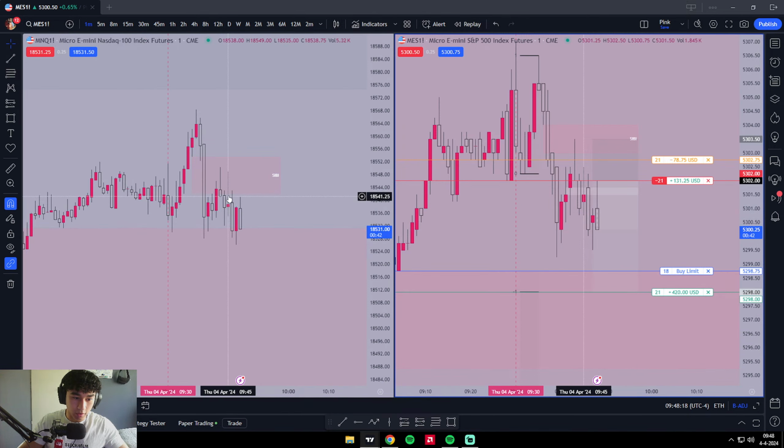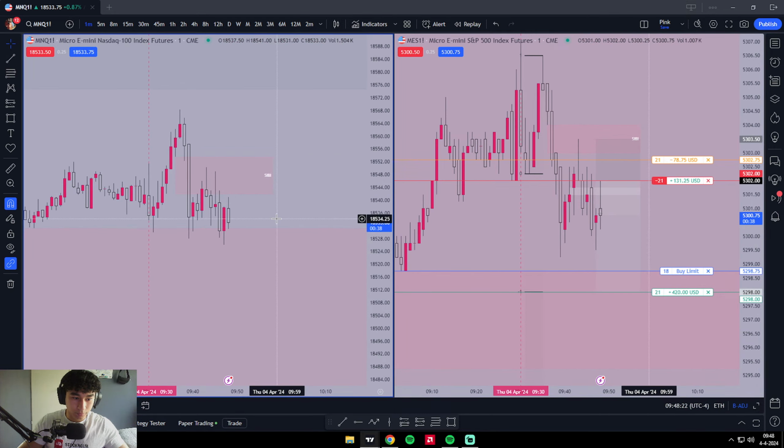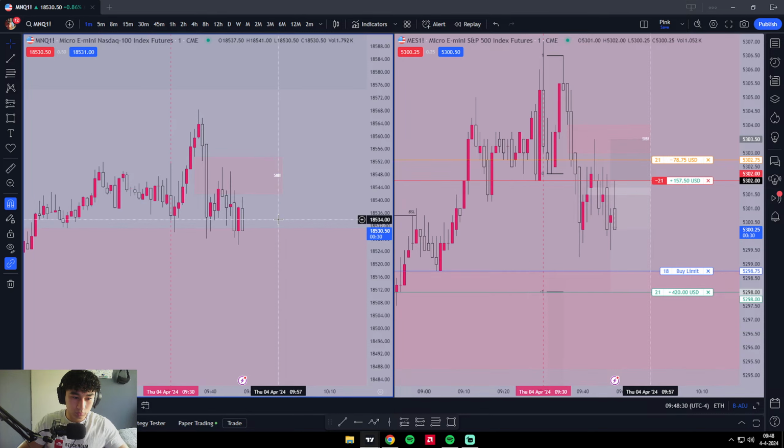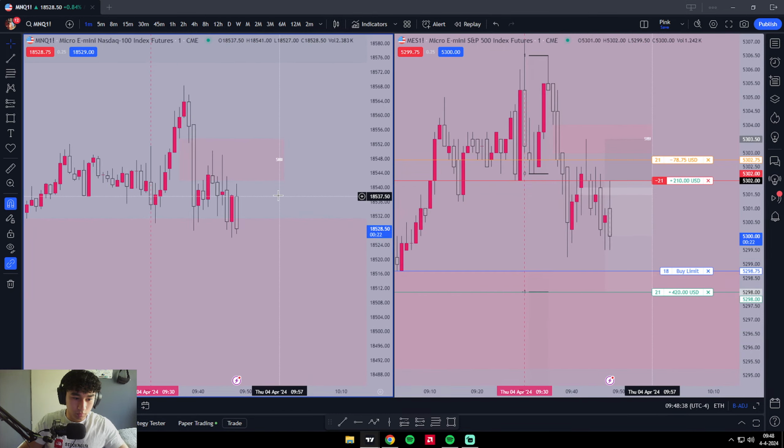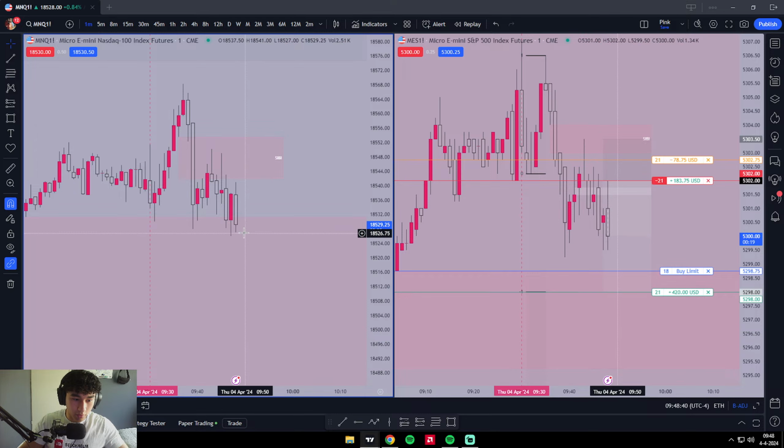We're already getting that reaction on NQ as well. That's nice. Let's see us close below that candle there. Because if we take out that low and then jump back inside of that range, I think that we're going to consolidate also. So I want to take off half my position if we do that actually.